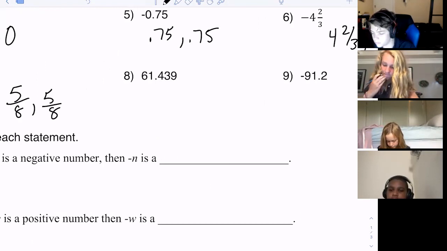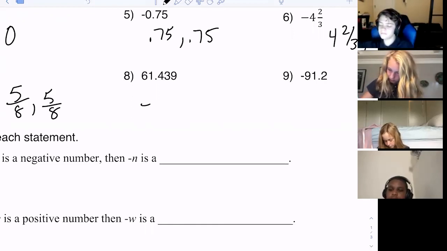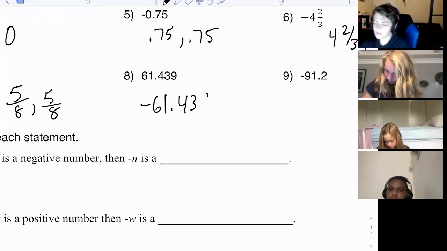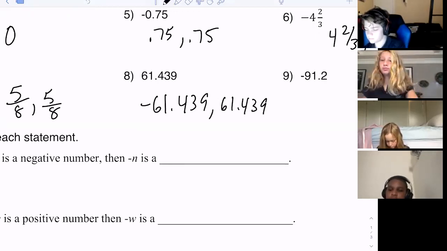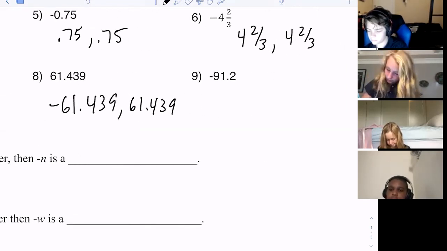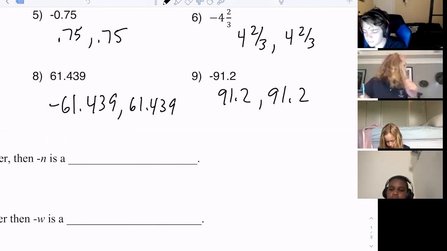Next. 61.4. So what's the opposite of that? -61.4. Right, exactly. Right, any issues? I didn't think so. Max. Yes, 91.2 and 91.2. Beautiful.